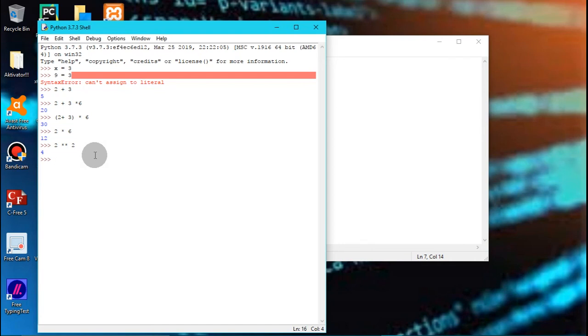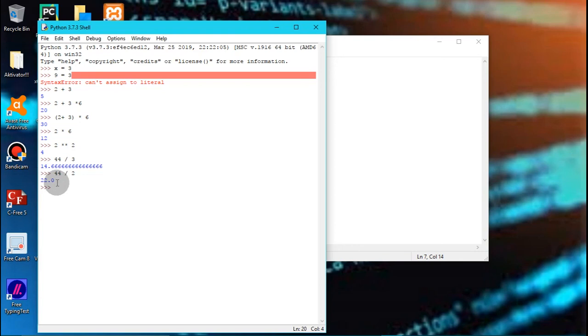So we have 44 divided by 3, and you see we've got 14.666 to infinity. And if I have 44 divided by 2, you see you got 22.0, and this point shows that we are using the division operator.